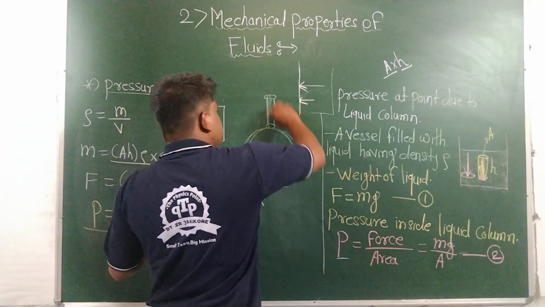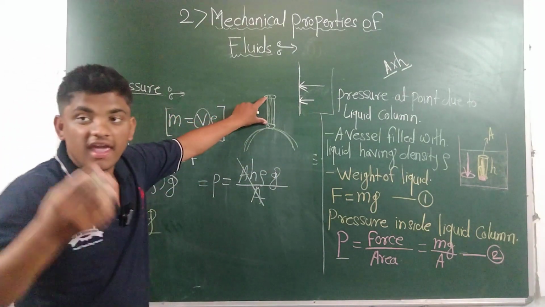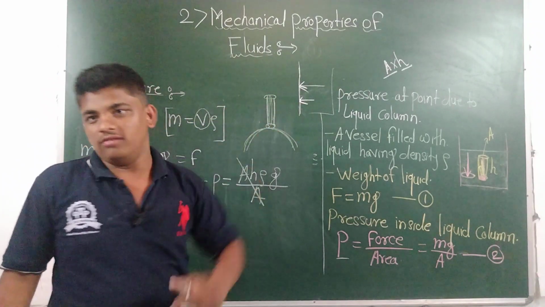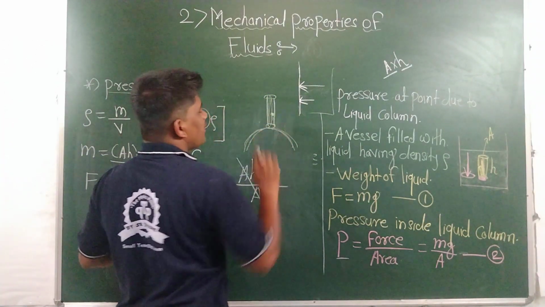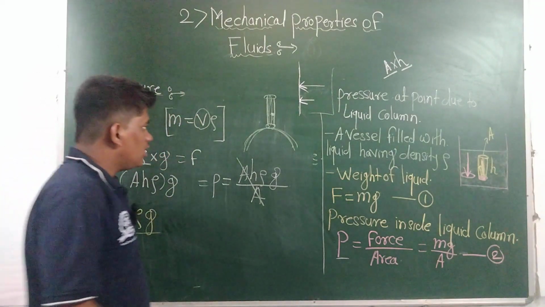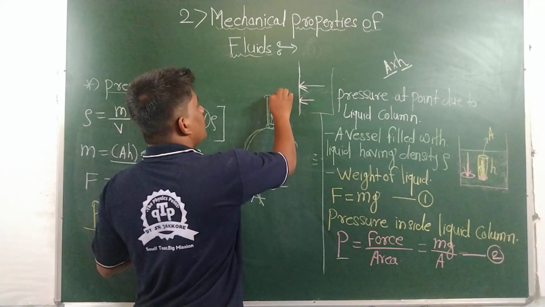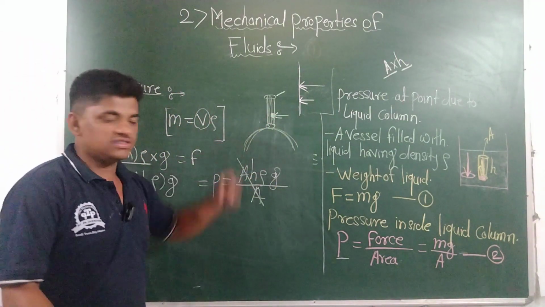The atmospheric pressure is the weight of the air in the vertical column from any point. If we want to find the atmospheric pressure at this point, we take it from this point up to the top of the earth's atmosphere.